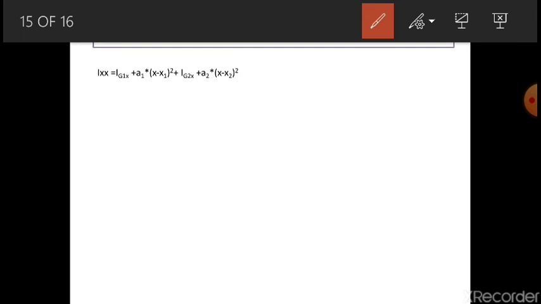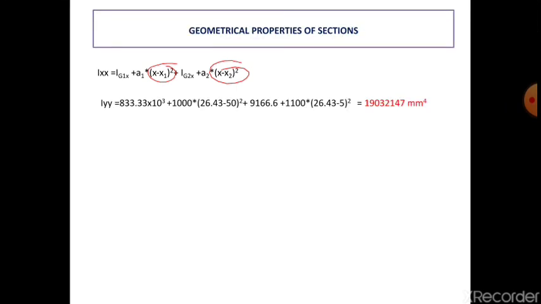This is correct. So if you substitute the values, you will get like this.